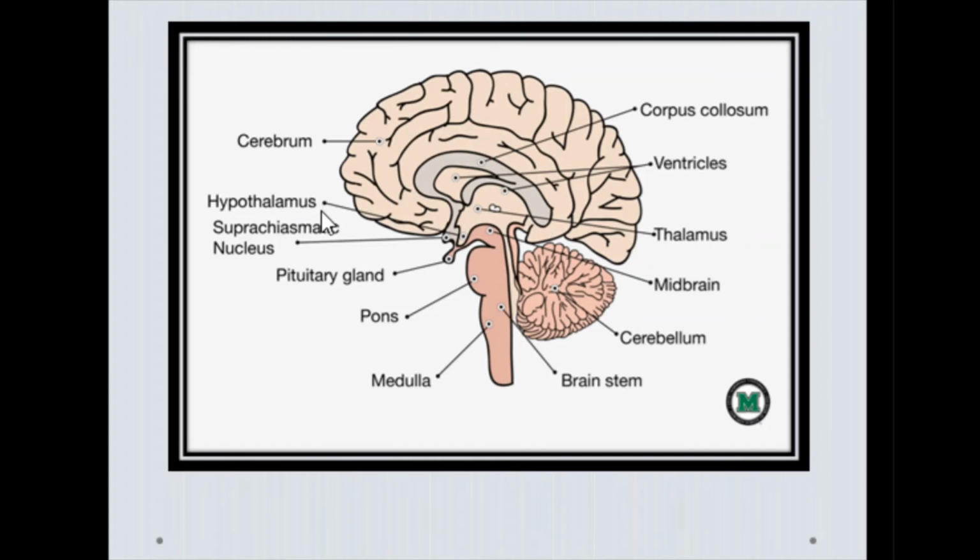We have the hypothalamus over here, brain stem, this brown here, cerebellum at the bottom, thalamus over here, and we also have the pituitary gland that functions and secretes hormones for our emotions. So just try to take a look in this picture and try to familiarize the different parts of our brain.